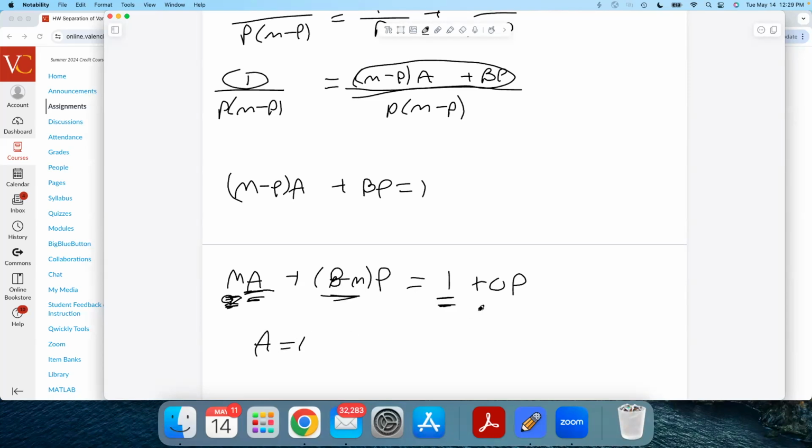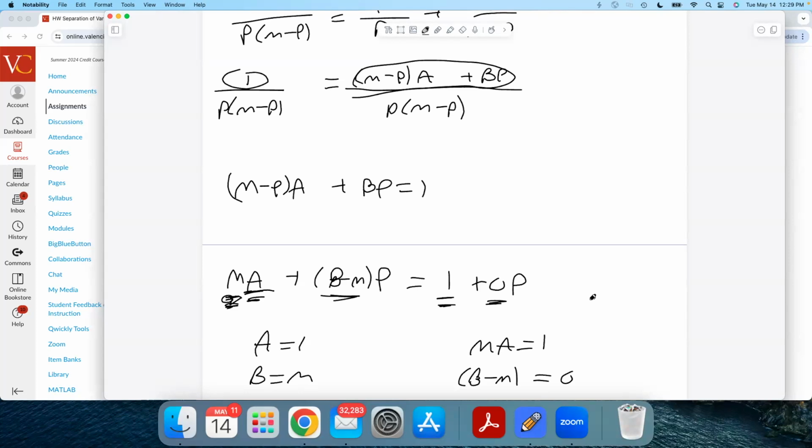And B minus M must equal 0. B must equal M. So that's setting up a system of equations. So I'll write out that system. MA equals 1. B minus M equals 0. That's one way to solve partial fractions.